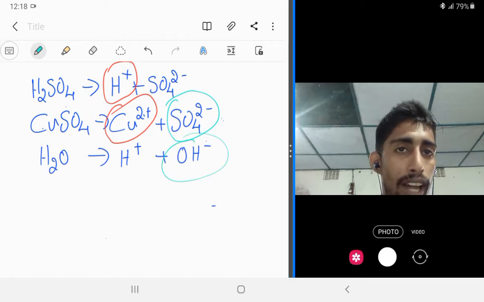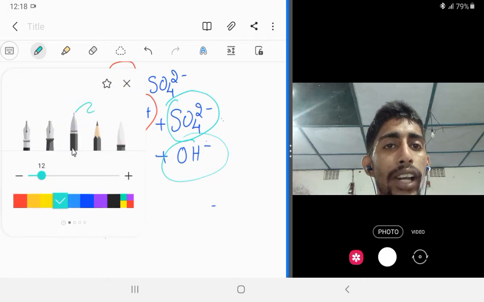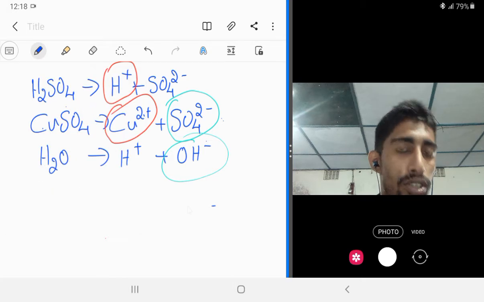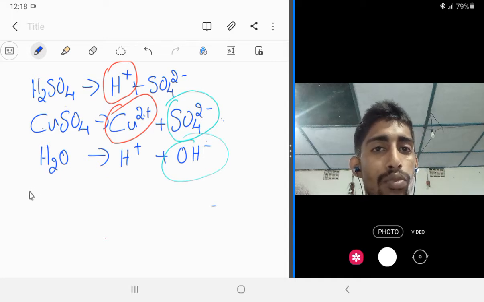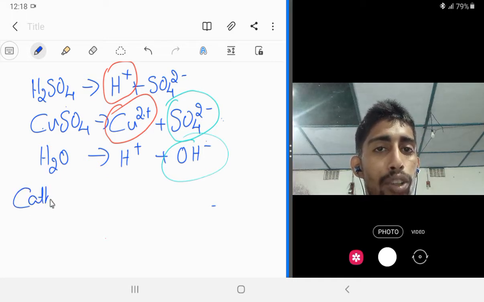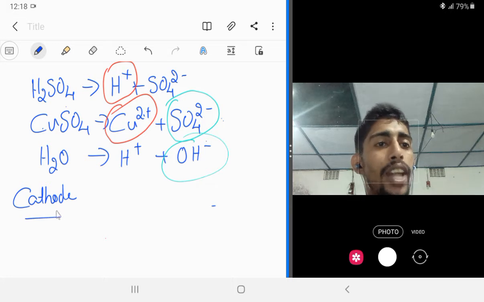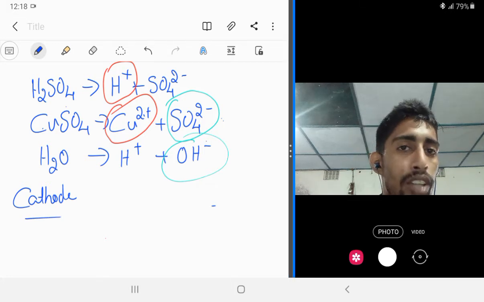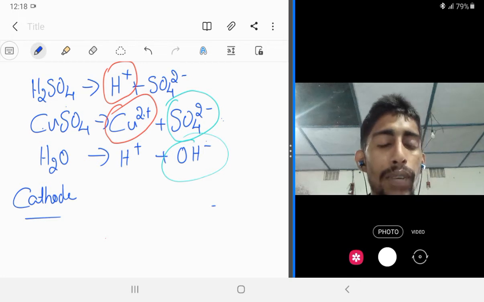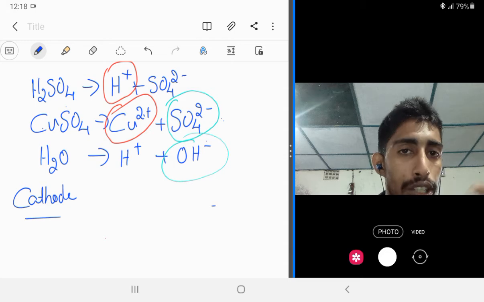As usual, the positively charged cations will move to the cathode, gain electrons from the negatively charged cathode and become neutral.